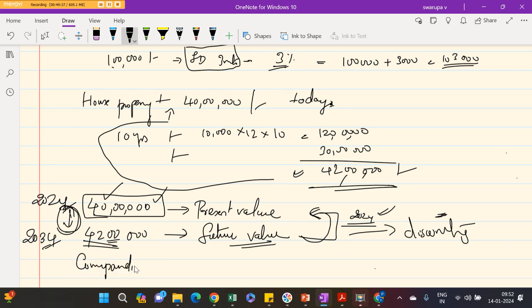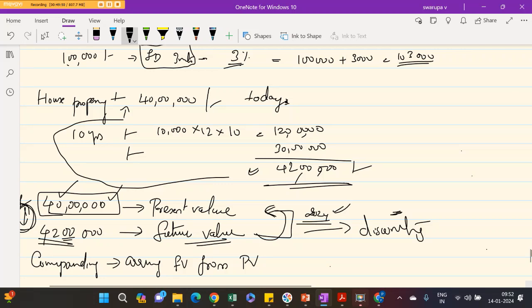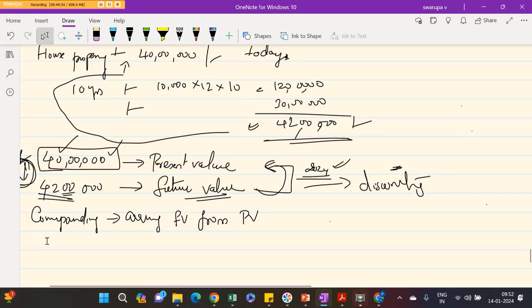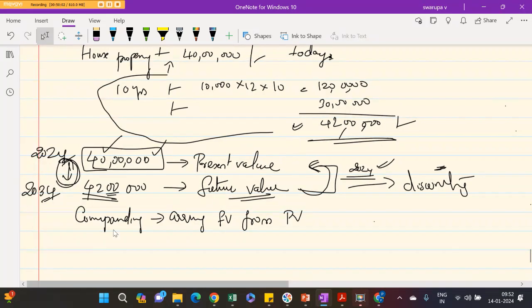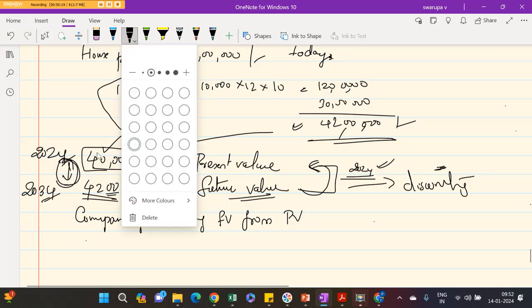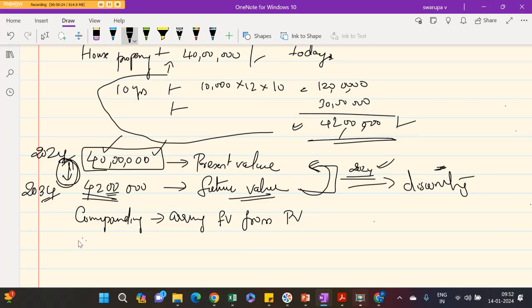So compounding is arriving at future value from present value, and discounting is arriving at present value from future value.